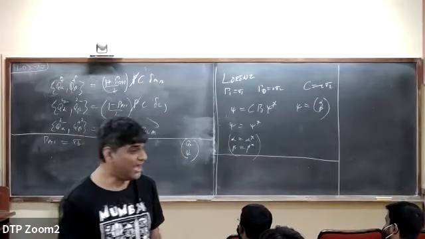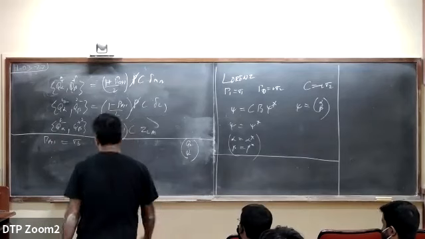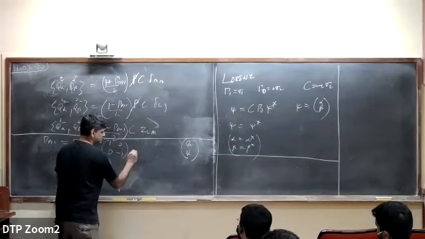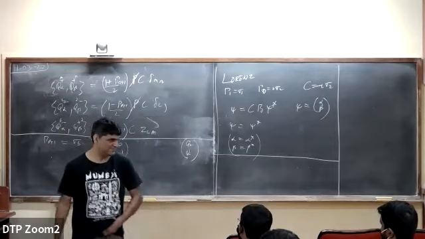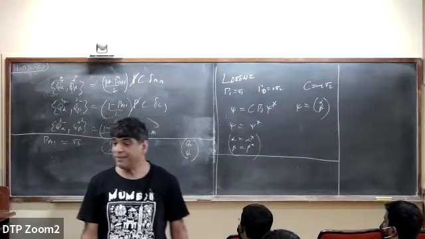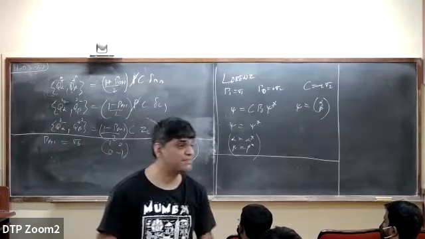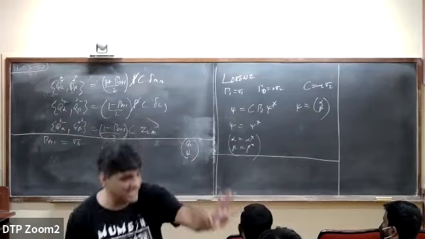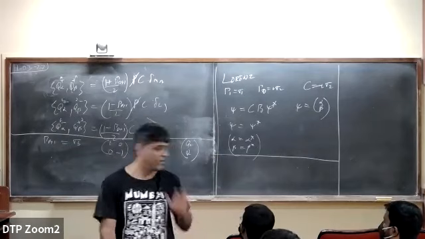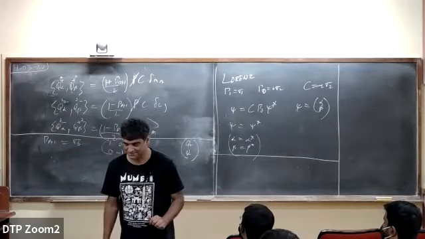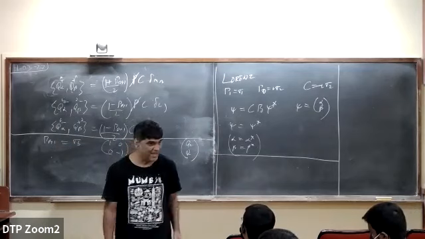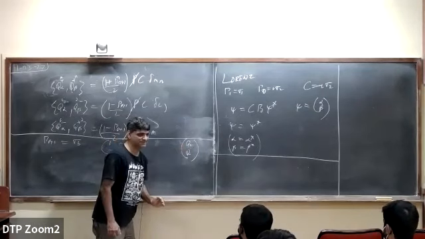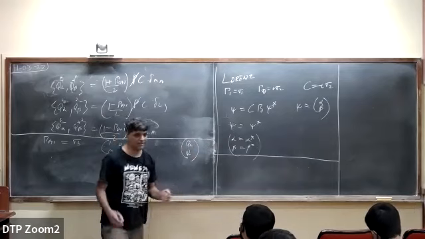Remember, sigma 3 is the matrix whose eigenvalues are 1 and minus 1. If we label chiral spinors, as we always do, by whether they have plus or minus eigenvalues, then the first component of the spinor is the plus chirality, and the second component is the minus chirality.